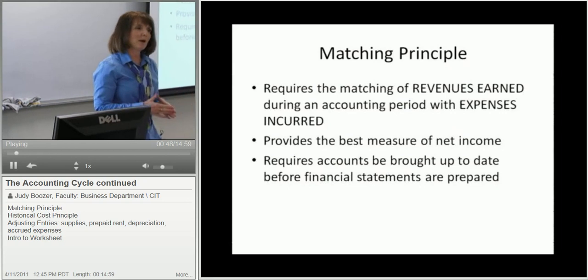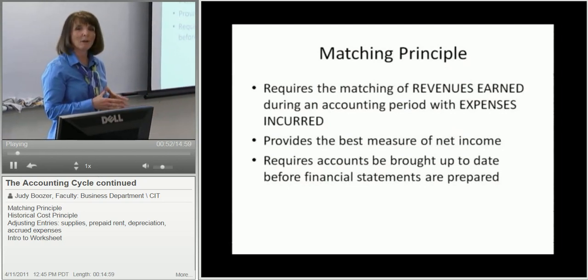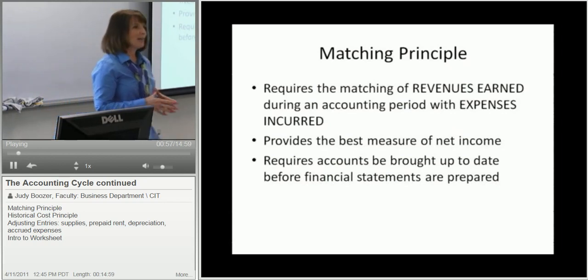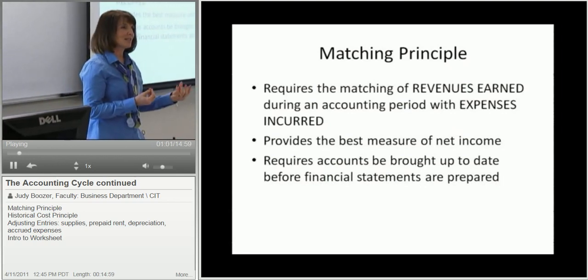So let's think about this for a minute. Why would you have this so-called matching principle? So that the revenue coming in matches the expenses.